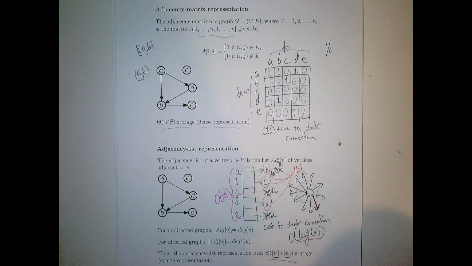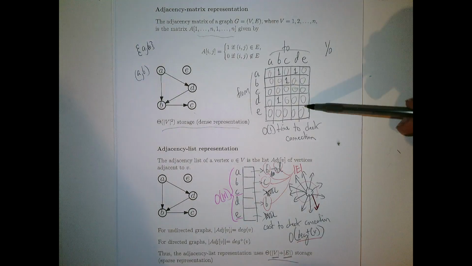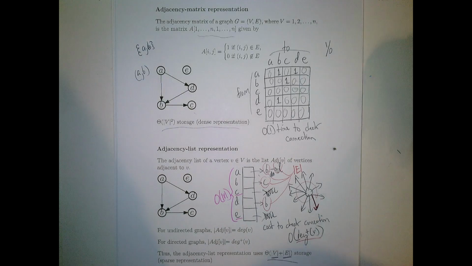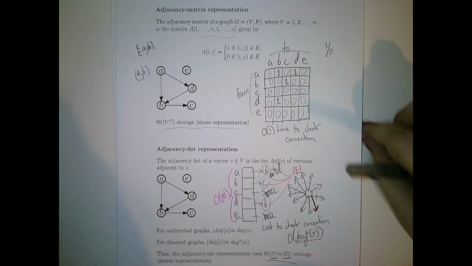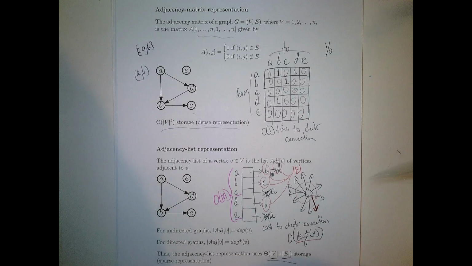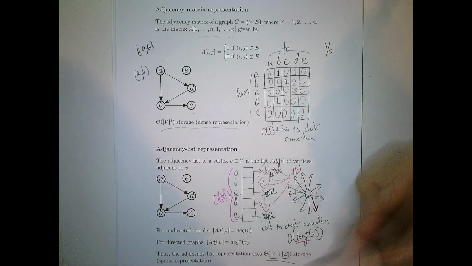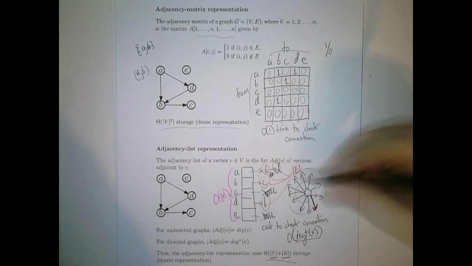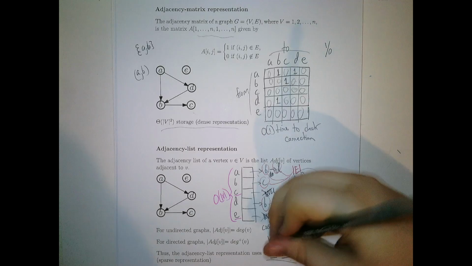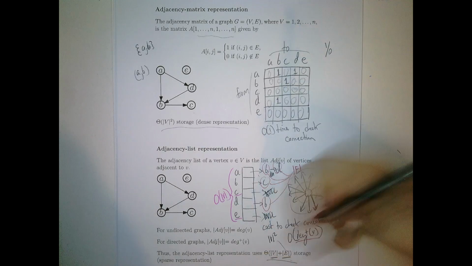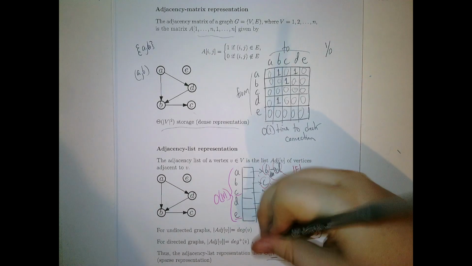Hopefully you can see there are advantages to each. This one is a little bit faster. This one uses a little bit less memory. As a side note, if you have a very dense graph, for example a graph with lots of connections, this becomes the number of vertices squared. So this has a worst case of this.